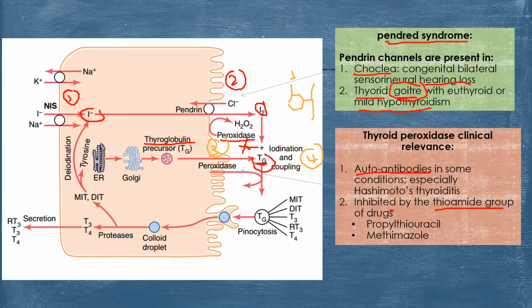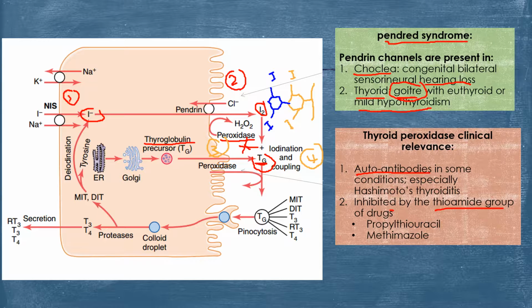So this is iodination. And coupling, when we talk about coupling, we are talking about conjugation here. So we are conjugating another iodinated benzyl group to form either triiodothyronine, T3, or T4, which is thyroxine. Okay, so this is the iodination and coupling.